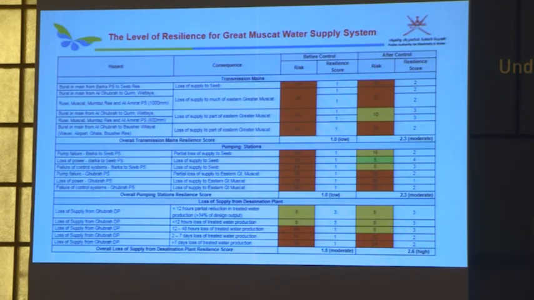For the transmission main, the resilience was 1, which is low, and after mitigation it increases to 2.3, which is moderate. For the pump station, the resilience improves from 1 to 2.3.